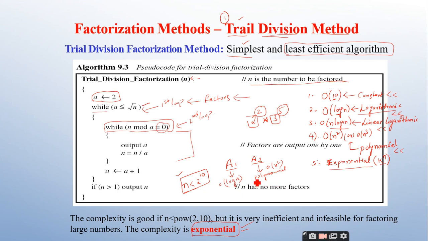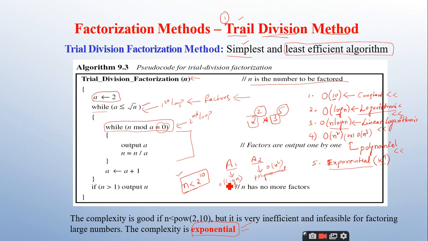Now tell me which algorithm is efficient. Is it A1 or A2? A1, sir. Super, right.